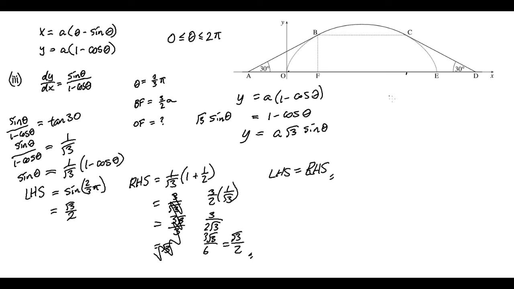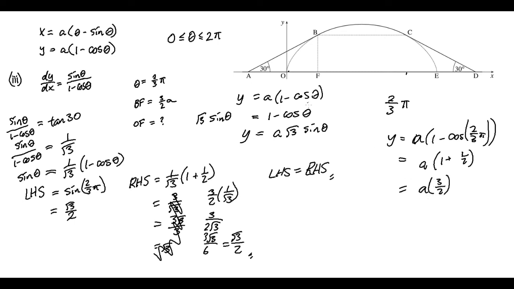So 2/3 pi is actually the parametric coordinate of B. So to find BF, you just put y equals a times 1 minus cosine of 2/3 pi, and according to what we've done before, we know that is minus a half, so that is a times 1 plus a half, and this time I will not make the same mistake here, which is 3/2 this time, so 3/2a, same thing, and that's that bit done.